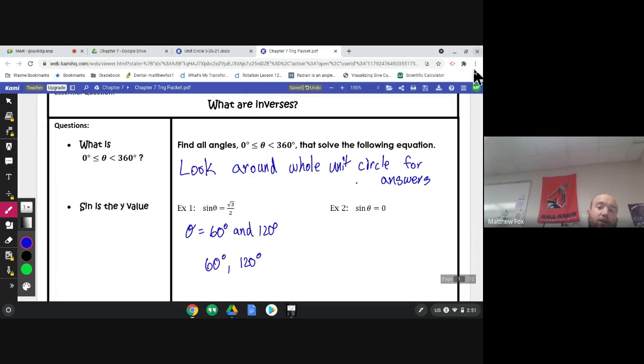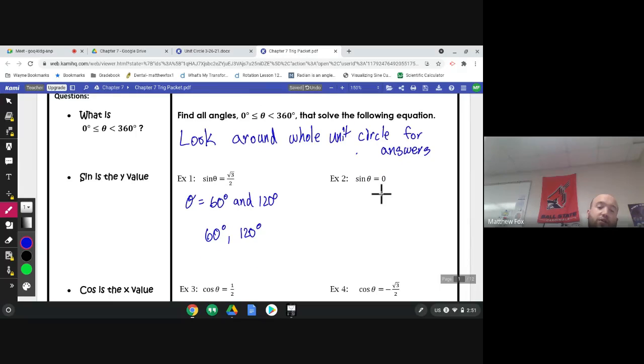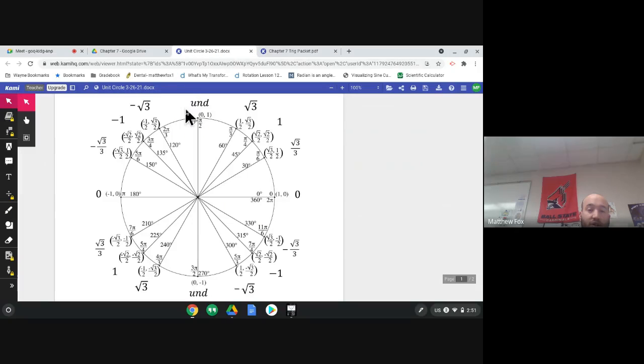So our next one, when is the sine of theta equal to 0? So we look on here, and we are trying to find when is y 0. That's going to occur at 0 degrees. It's also going to occur at 180 degrees. And once you find one for sine, just reflect over the y-axis and you'll find your other one. If we're doing cosine and you're dealing with your x value instead, then you're going to reflect over the x-axis.